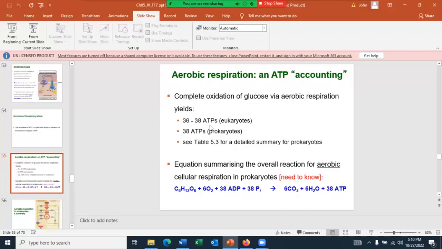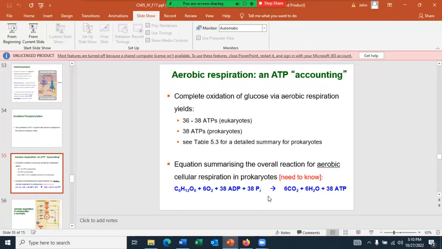The overall equation summarizing aerobic respiration is glucose, C6H12O6, plus 6 oxygen molecules, meaning 6 O2, and 38 ADP, and 38 inorganic phosphates, generate 6 CO2, 6 water molecules, and 38 ATP molecules.